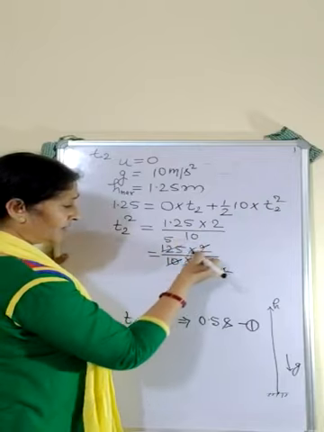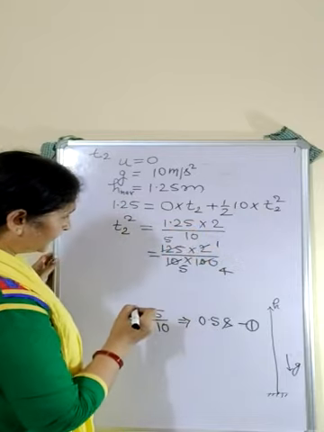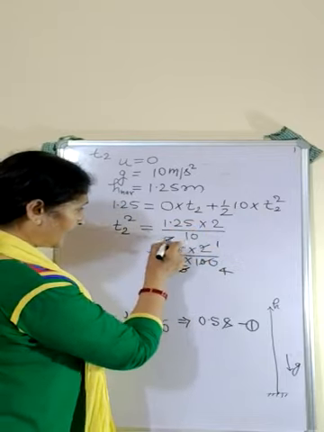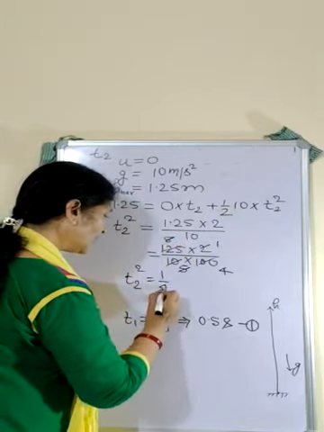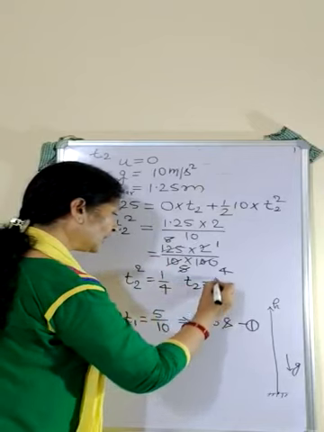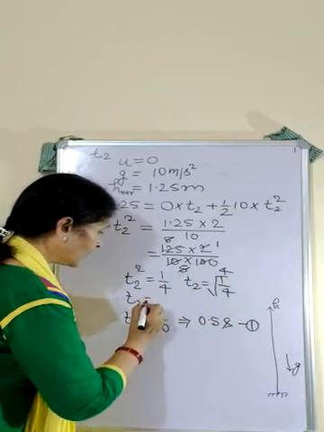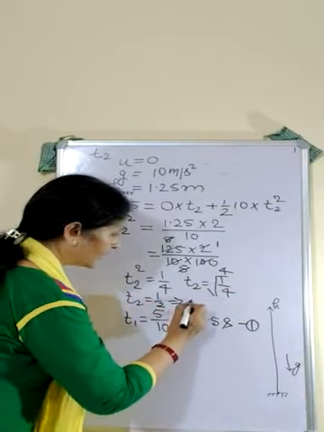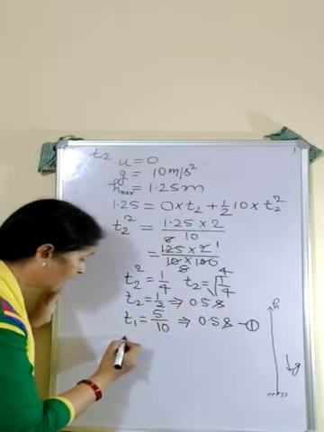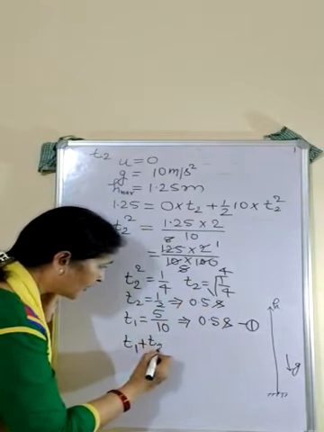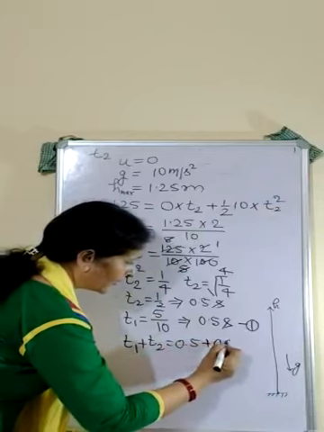We will be left with t2 square is equal to 1 by 4, and t2 is equal to root under 1 by 4, which is 1 by 2, and this implies 0.5 second. The total time of the journey will be t1 plus t2, which is 0.5 plus 0.5, equal to 1 second.